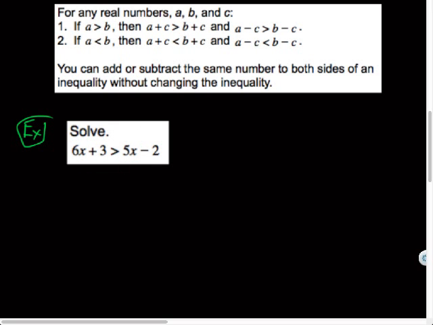How do you know? Well, for the x's, I'm going to bring the little guy to the big guy. So I'd subtract the 5x from both sides, and we'll have 6x plus 3 is greater than negative 2.